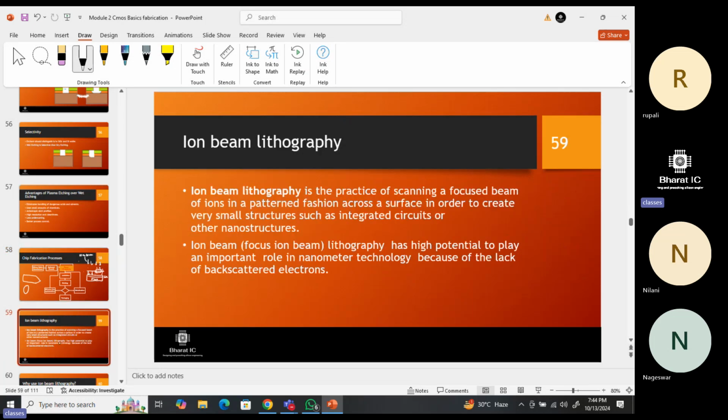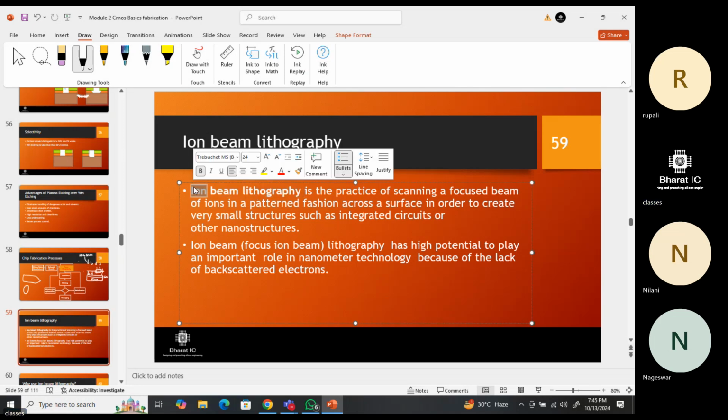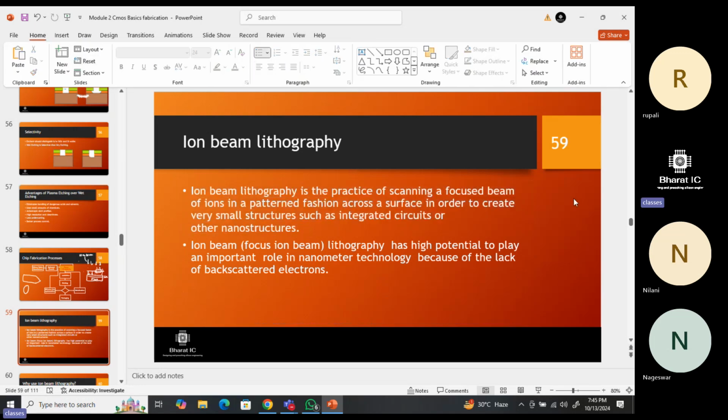Now we come to the actual ion beam lithography. What is ion beam lithography? Ion beam lithography is the practice of scanning a focused beam of ions in a patterned fashion across a surface in order to create very small structures, such as integrated circuits or other nanostructures.